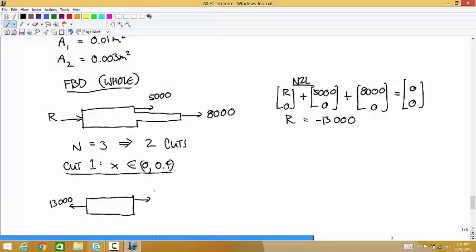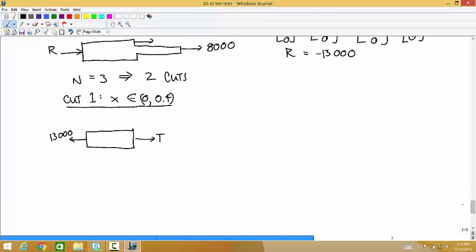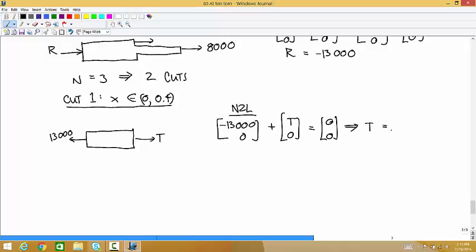We have a known force of 5,000 there. No, we don't. We haven't gotten there yet, so all we have left is this tension T. So Newton's second law says negative 13,000 plus T is equal to zero. So T is positive 13,000.